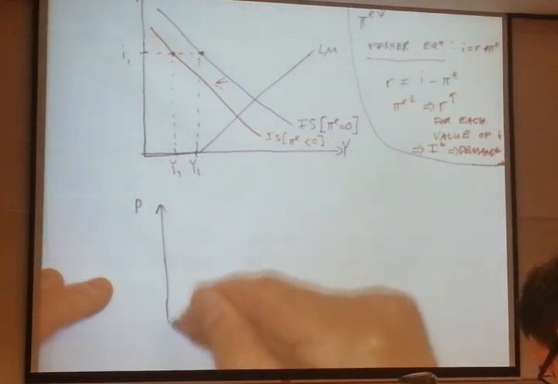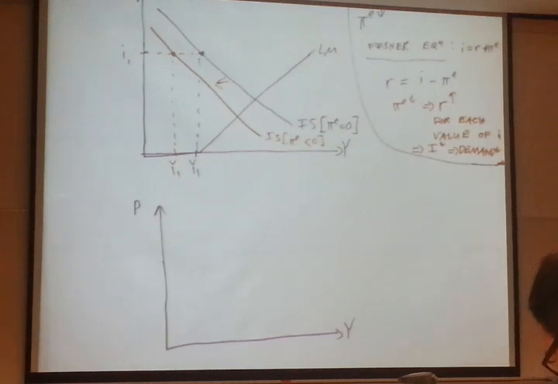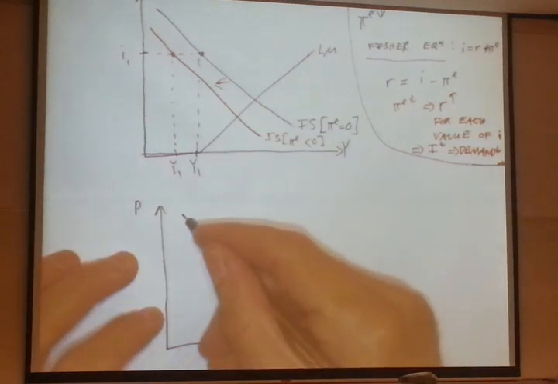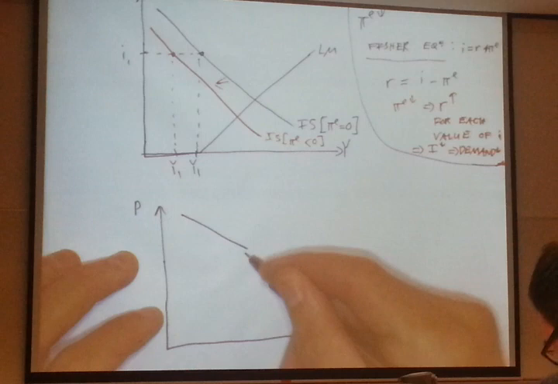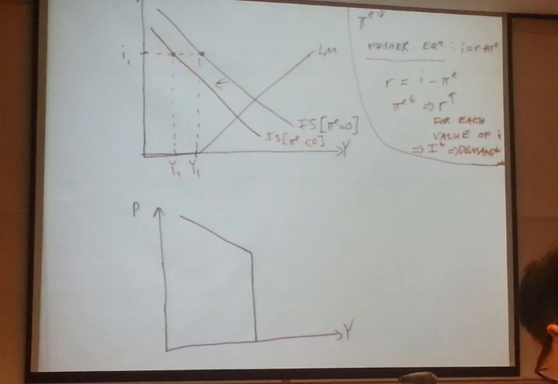We're going to look at determination of the price level and output in a situation where people come to expect deflation, in a situation where the central bank or monetary policy has got to a point where nominal interest rates have reached zero, so you've got to the liquidity trap. So we know that the aggregate demand curve has a vertical section when we are in the liquidity trap.